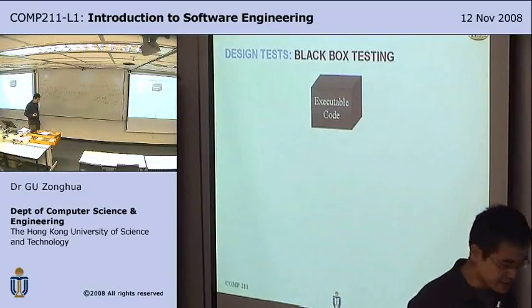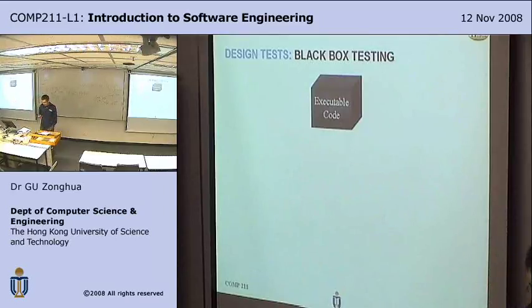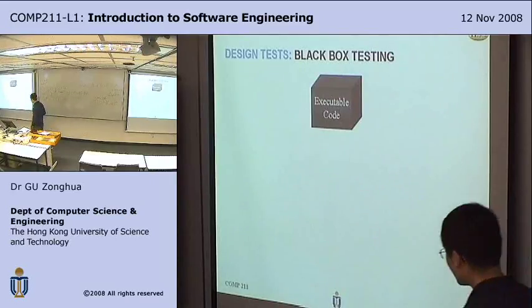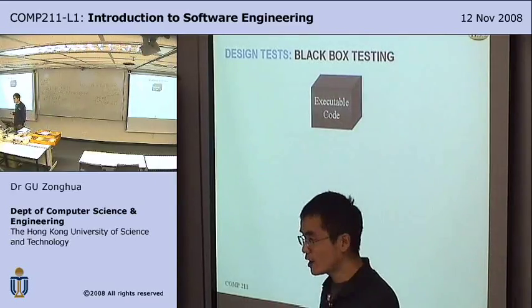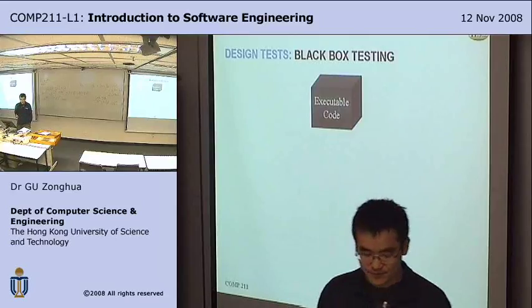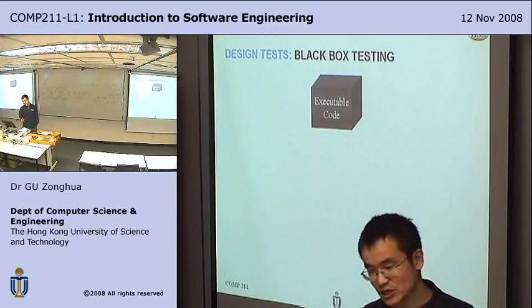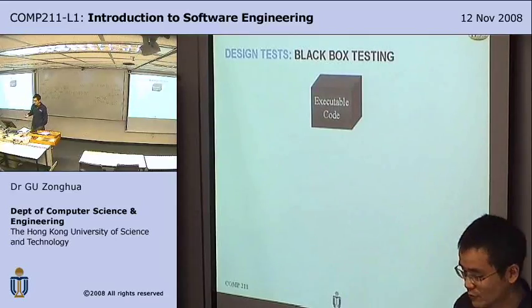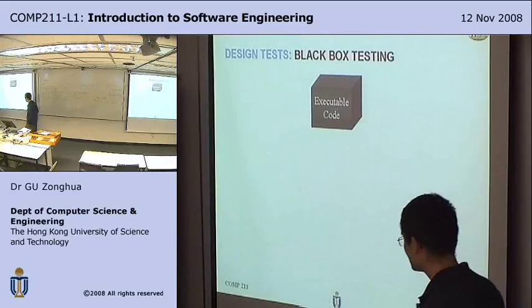So all the testing methods up to now have been white box testing, because you require source code to be available. Otherwise, you cannot know what the flow graph is and how to do the data flow testing.